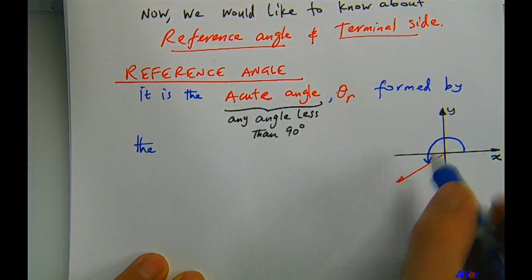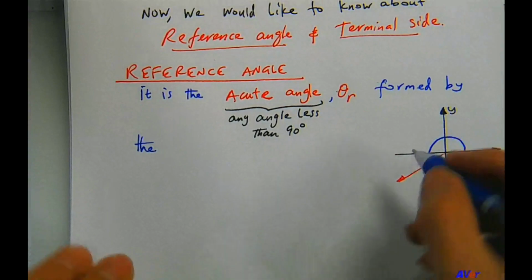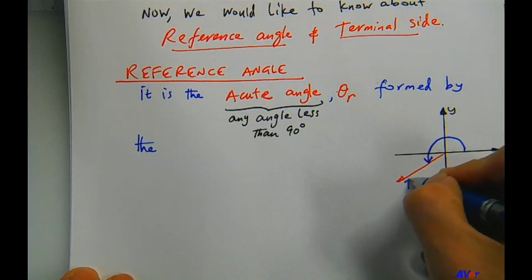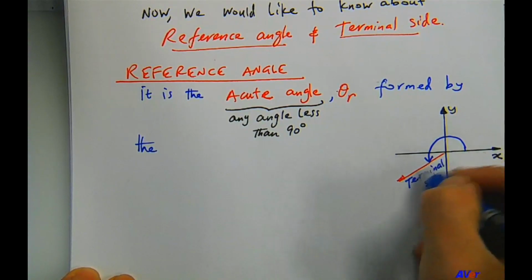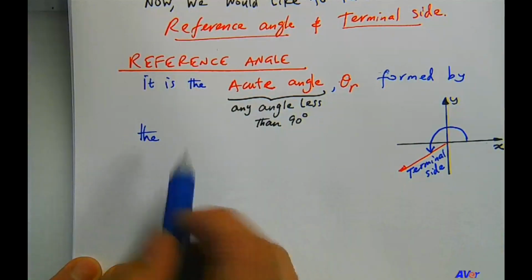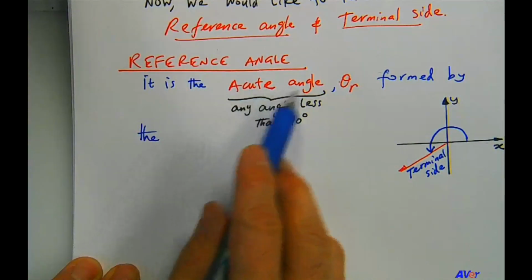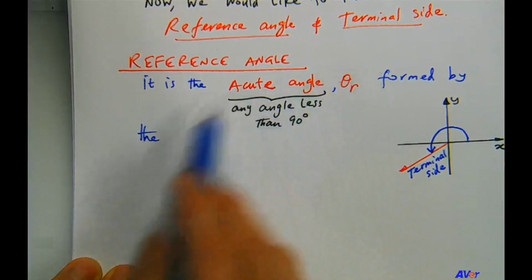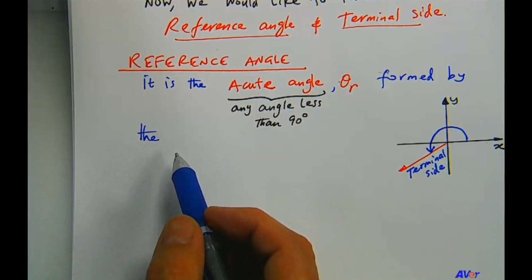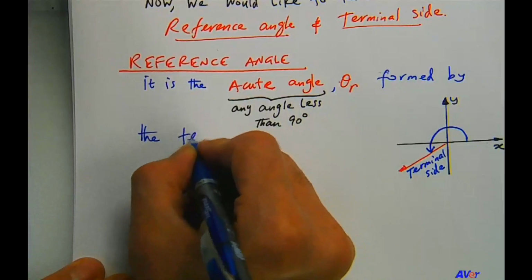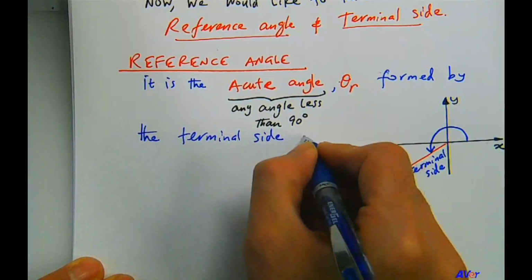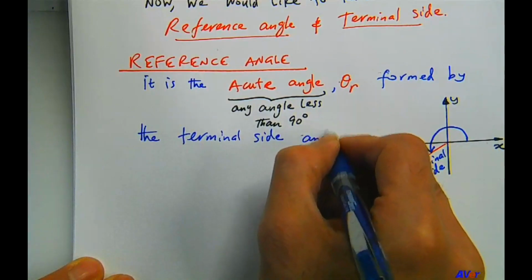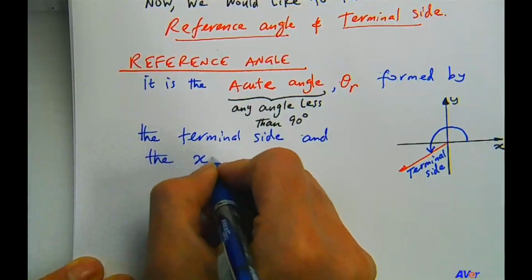And this side is the terminal side. This red line is the terminal side, and the acute angle theta r is formed by the terminal side and the x-axis.